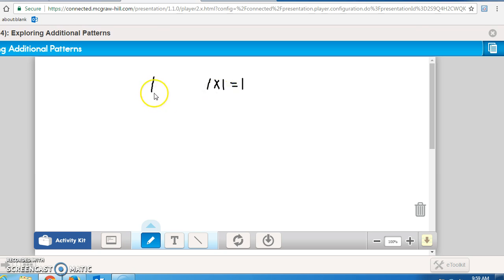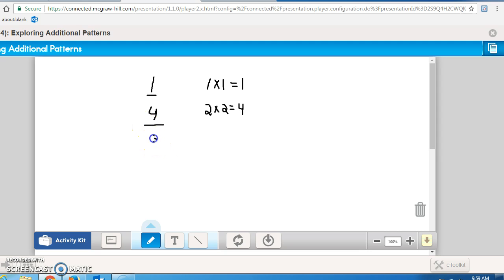So that makes it a square number. My next number would be the number 4. Again, why 4? Because 2 times 2 equals 4. It's a square number. It's a number that when multiplied by itself gives me that answer.